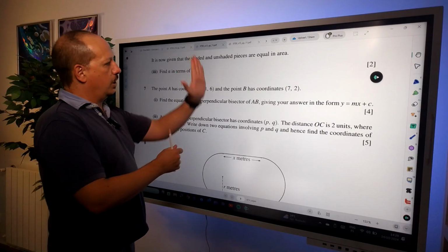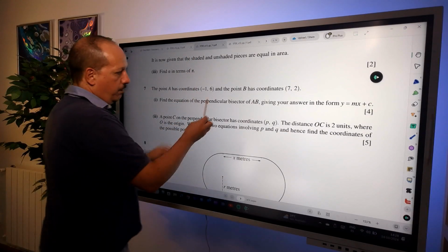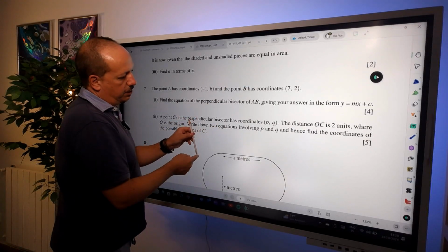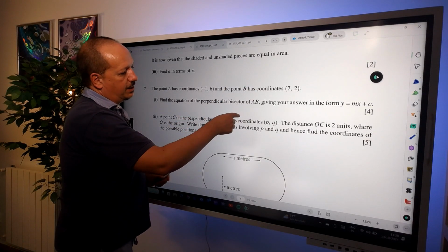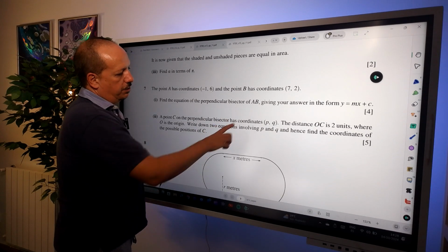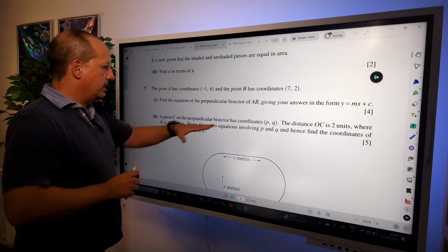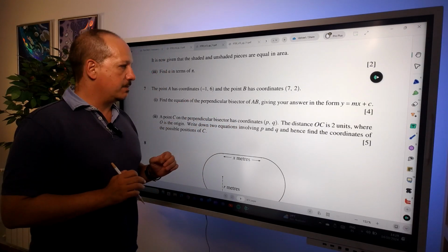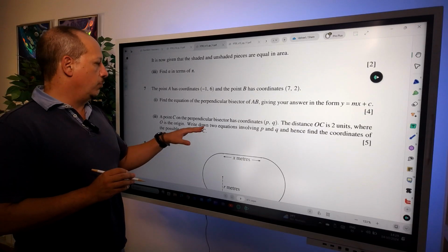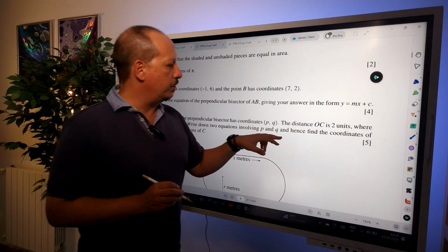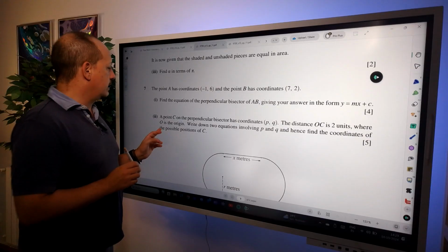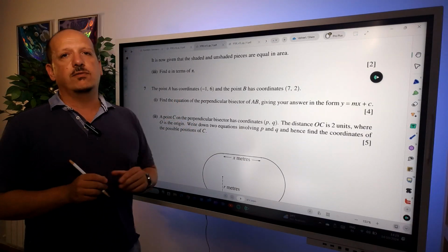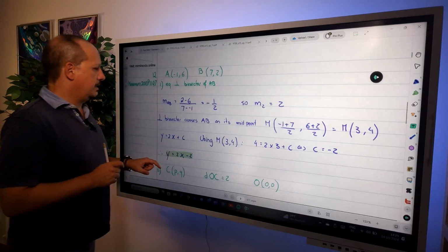So in relation to the origin, the point C is such that the distance from C to the origin is 2 units. So this information is fixing this point C in place. So you need to write down 2 equations involving p and q, and hence find the coordinates of the possible positions of C. Let's see here.